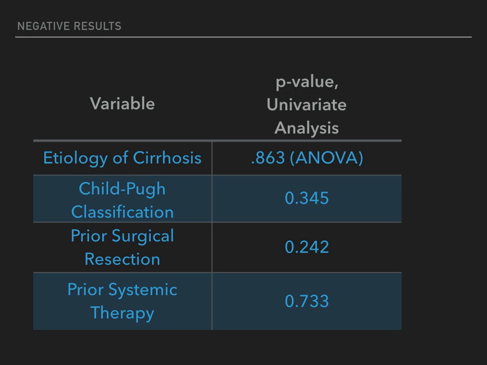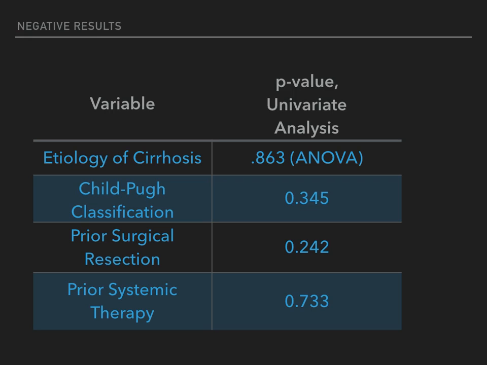Our initial hypothesis with this work was that T to N ratio would be significantly correlated with the etiology of patients' cirrhosis. Surprisingly, however, this wound up not being the case, and despite the apparently diverse group of patients that go on to develop hepatocellular carcinoma, including patients with NASH-based cirrhosis, viral etiologies of cirrhosis, and alcoholic cirrhosis, none of these groups demonstrated significant differences in T to N ratio in our dataset.